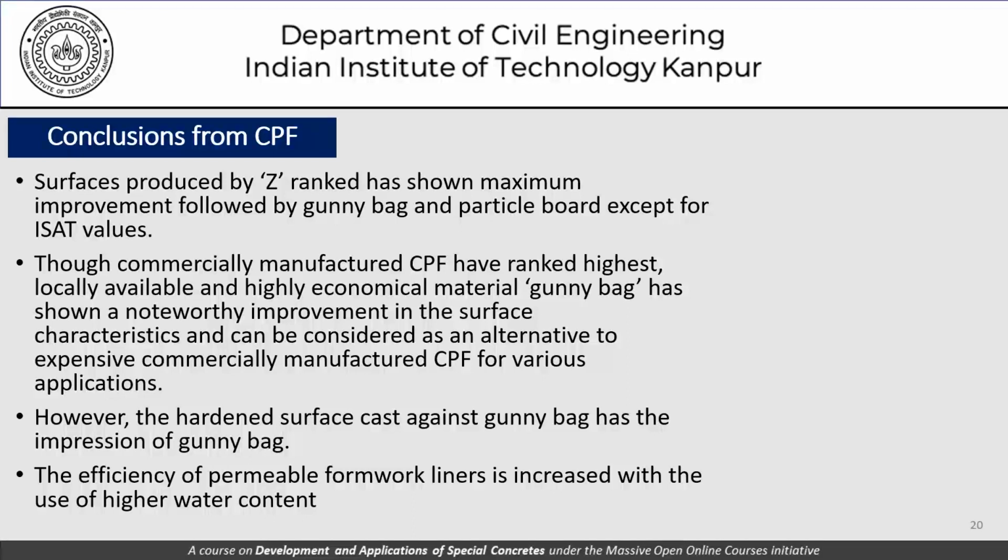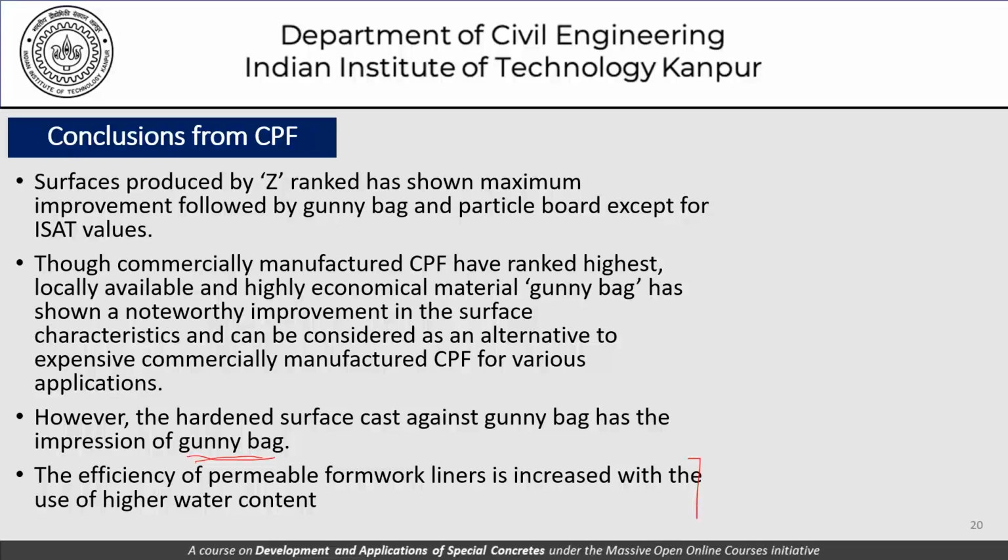However, the hardened surface cast against gunny bags has the impressions of the gunny bag. Now this is something which you can go back to the slide and see for yourself, that the surface of concrete cast using a gunny bag has the texture of a gunny bag, and one may or may not necessarily approve of it all the time. The efficiency of permeable formwork liners is increased with the use of higher water content.